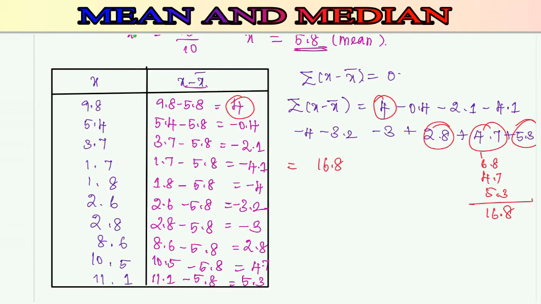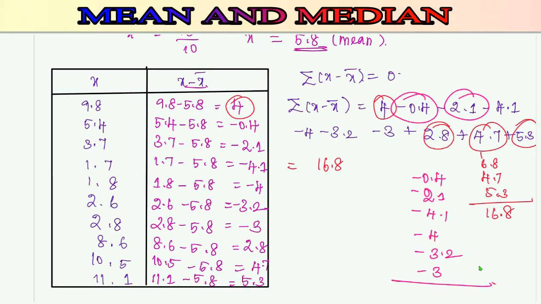Now we are going to check the negative values: minus 0.4, minus 2.1, minus 4.1, minus 4, minus 3.2, minus 3. When you add these, we get minus 16.8. So when you add those two values, 16.8 minus 16.8, the value is 0.